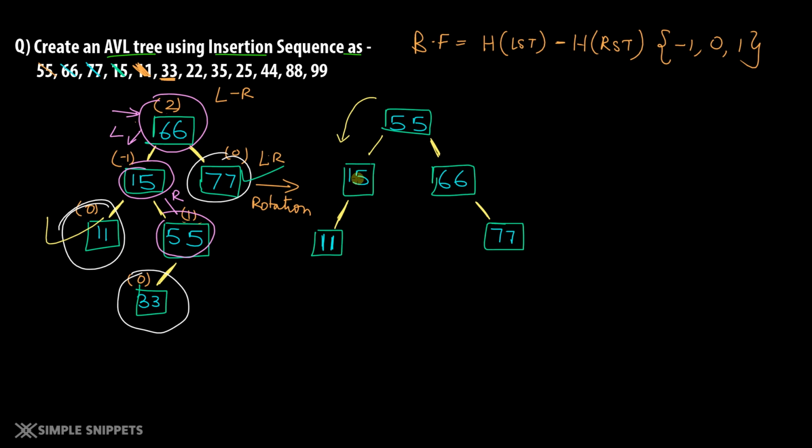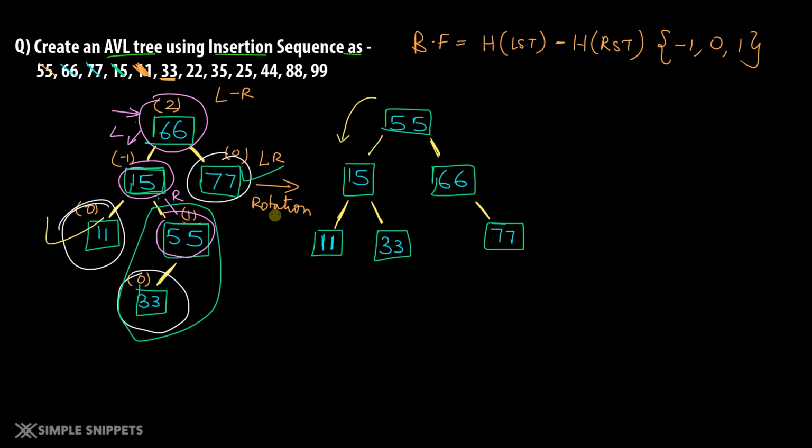Now 33 is greater than 15, so of course it will go to the right. Correct? So 33 will come over here and become the right child of 15. Also, if you observe in the original structure, 33 was towards the right of 15 only. 15 is over here, and to reach 33 you'll have to go to the right side of 15, that is the right subtree of 15, correct?